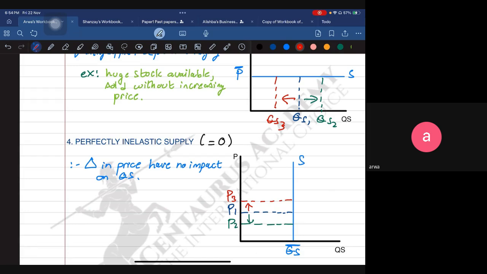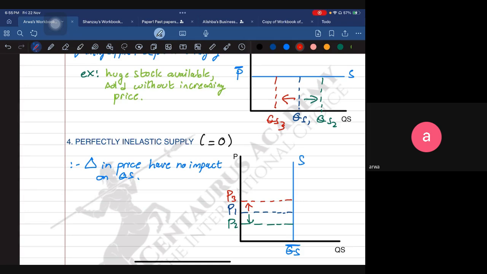This could be a reason: the concert hall has a specific seating capacity. They cannot accommodate more than that. So even though the price goes up, they cannot let in any more people. That is a problem they are actually facing, right?